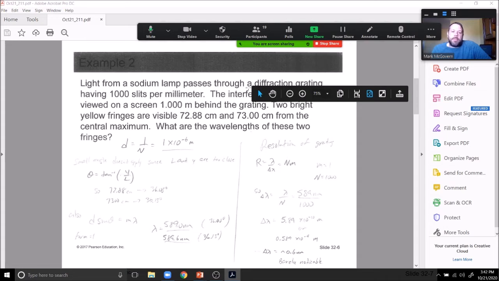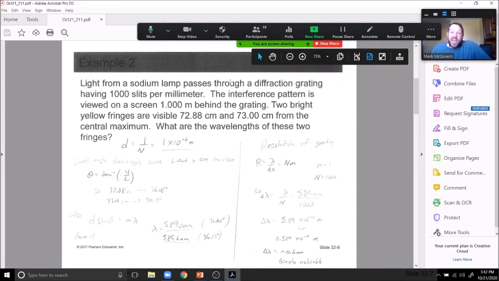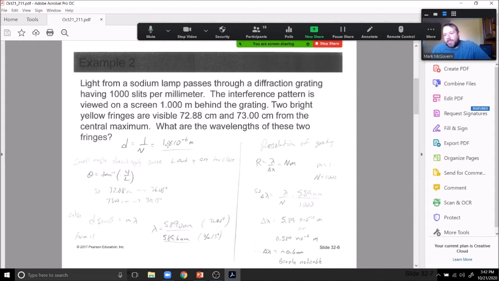All right, so our N is 1,000 here, slits per millimeter, so that's going to give us a D value of basically a micron. So each slit is separated by 1 micron. And what we can do here is take the positions and the screen distance and turn that into angles based on the tangent.